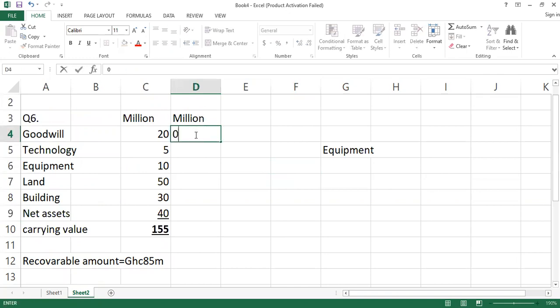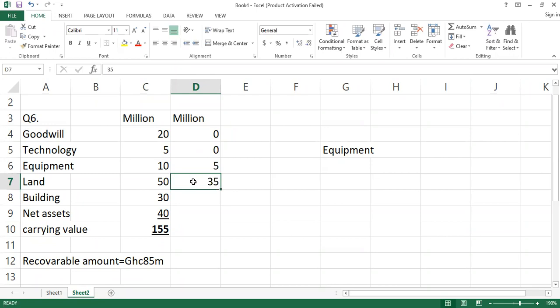Goodwill will be 0, isn't it? After the impairment, there won't be any goodwill again. Goodwill will be 0. Am I correct? Yes. Technology will be what? 0. Okay. Equipment will now be 5. The impairment loss was 5, so 10 minus 5.